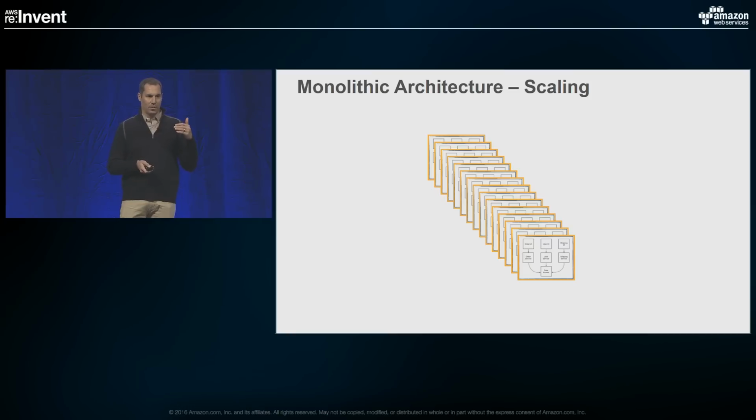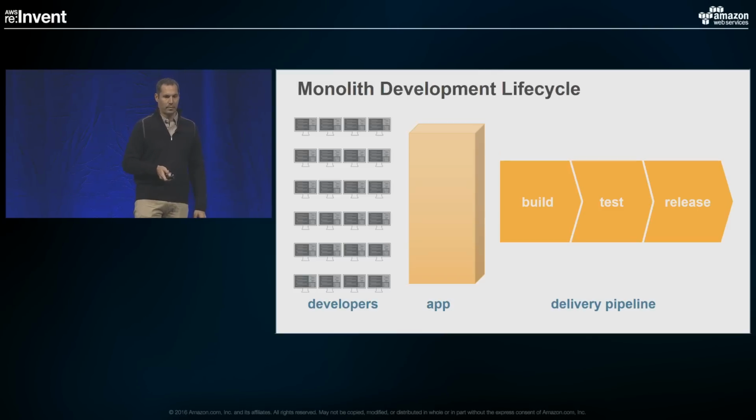So even if it's just the user UI, for example, that is under high load, and it would make sense, right? Maybe your user UI involves a mobile app, and you're going to have potentially tens of thousands, maybe even hundreds of thousands of clients accessing that portion of the application. The other pieces like the shipping UI and others may be much smaller, maybe even internal use only. Problem is you have to scale the entire app, right? So you've got to stamp out one copy of the whole monolith.